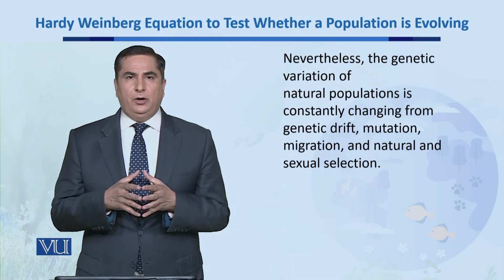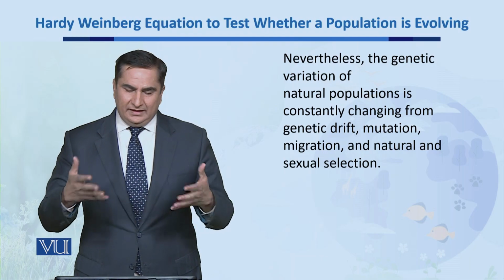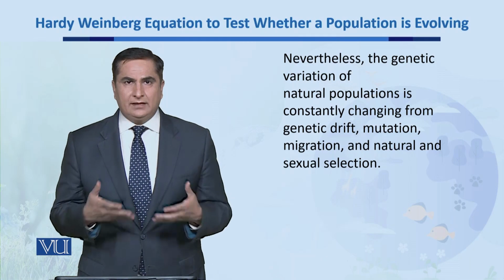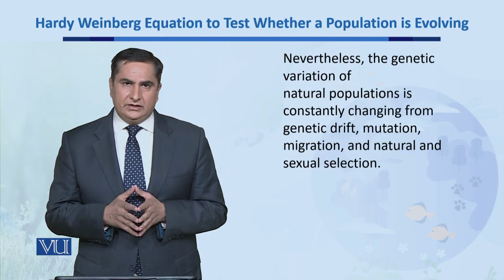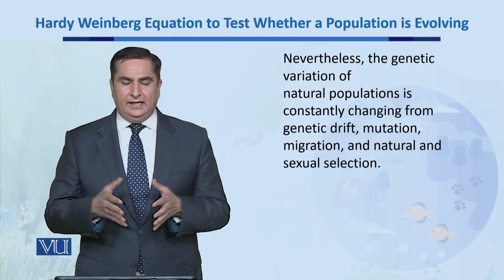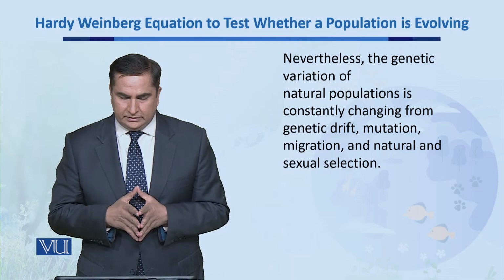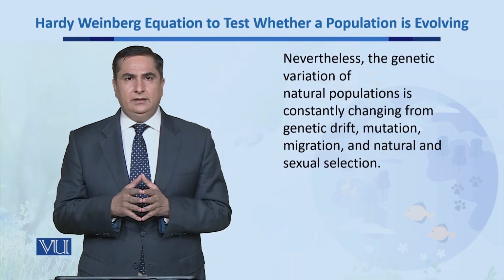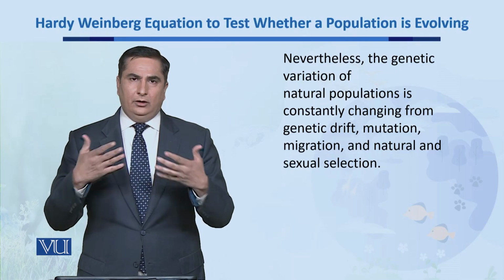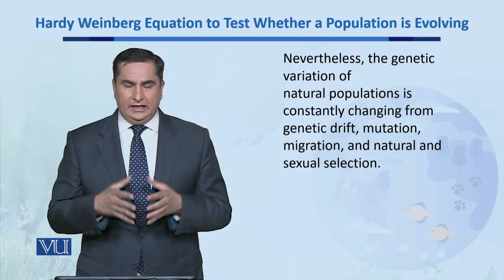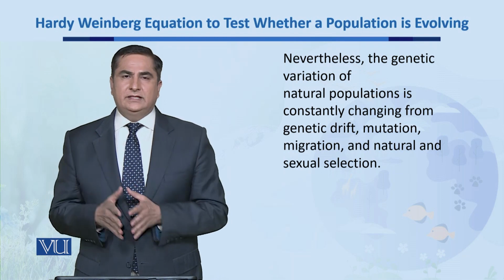Now, when we talk about genetic variation, the factors which are responsible for genetic variation in a population include genetic drift, which we have studied in previous lectures. Then we have mutation, meaning change in the nucleotides or the DNA of the individual population, and natural as well as sexual selection.